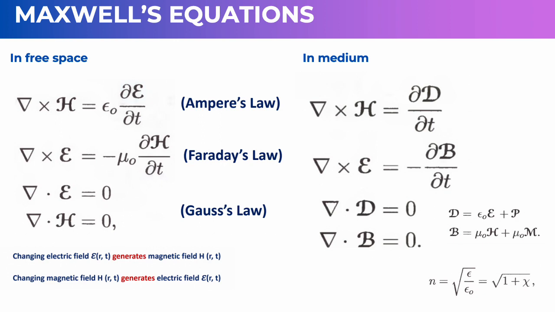A part of these equations were introduced previously as laws, like Ampere's law, Gauss's law, and so on. But Maxwell unified all of these into a theory of electromagnetics that explained overall how electric and magnetic fields interact with each other. These laws change a little bit when light travels through a medium.